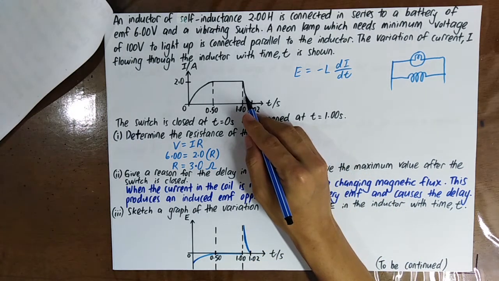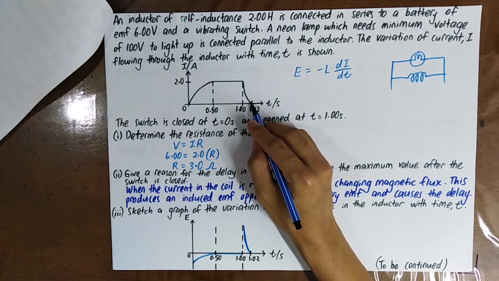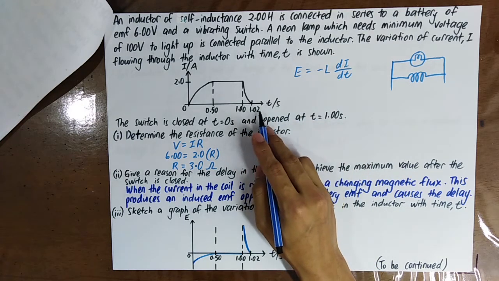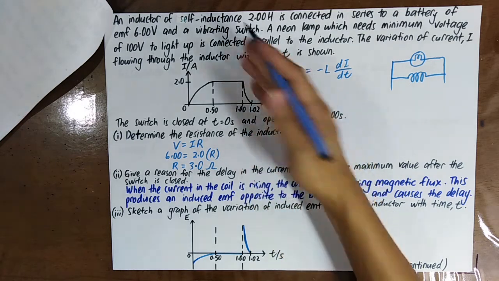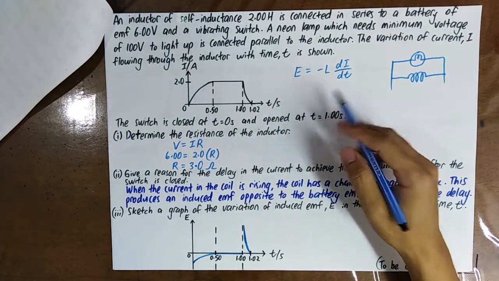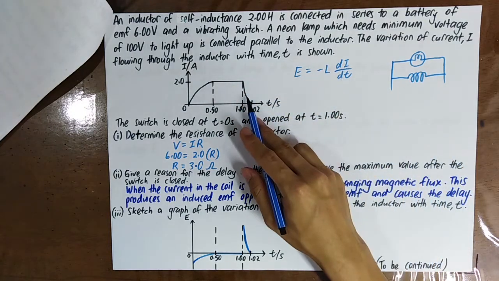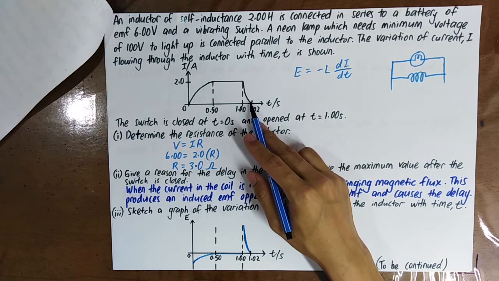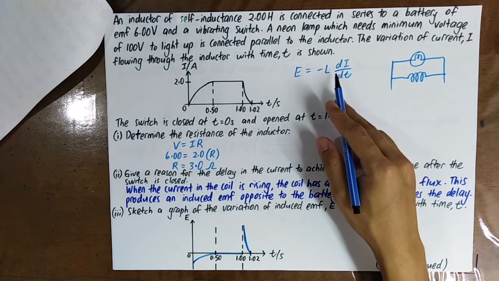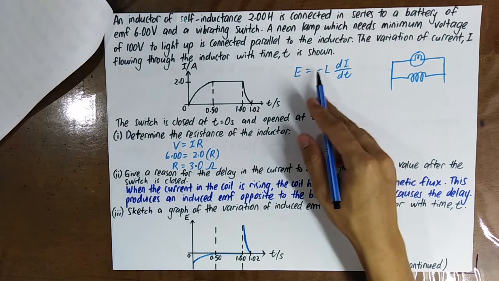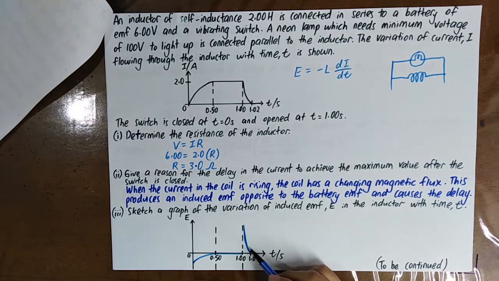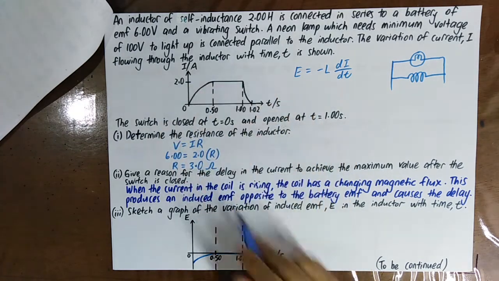When the current is decreasing slowly and slowly at the end of 1.02 second, because the gradient is getting less and less, then you know that di/dt is a less negative value. So when it is multiplied with the negative sign, it is a very small positive value. So this is how you convert this graph to this graph.